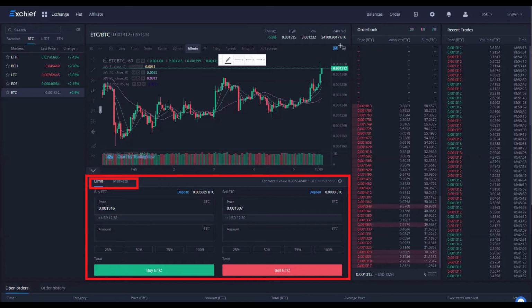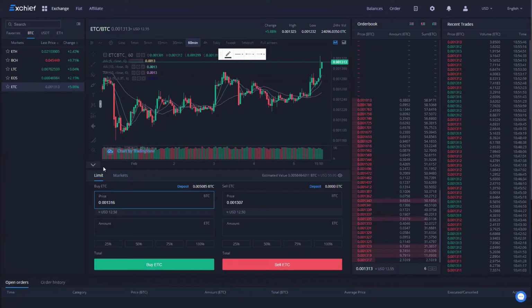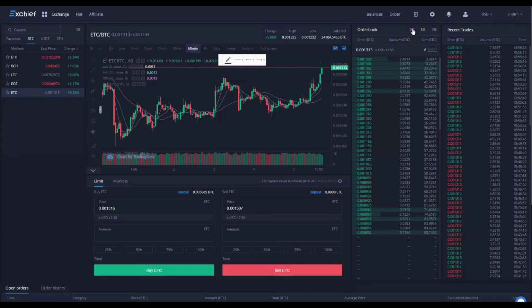You would have to sell on the spot price, which is the price that is currently on board. Now, let me just adjust this.